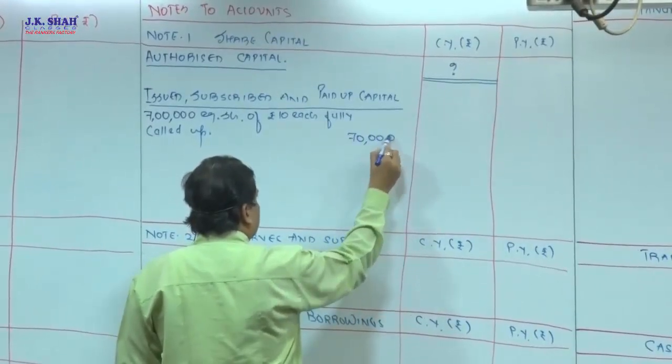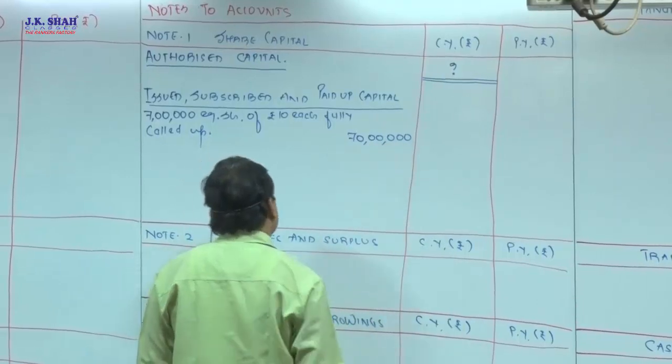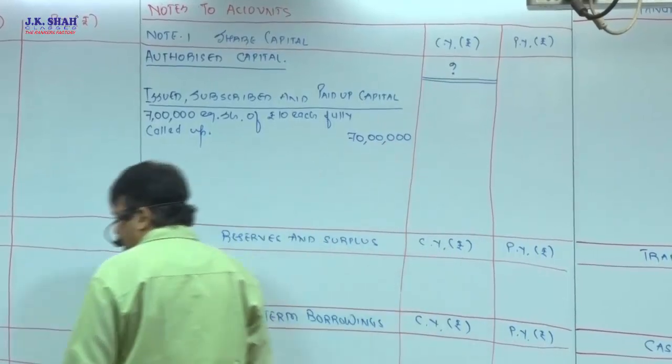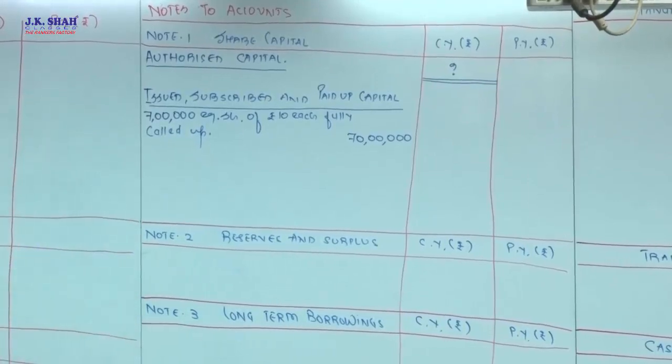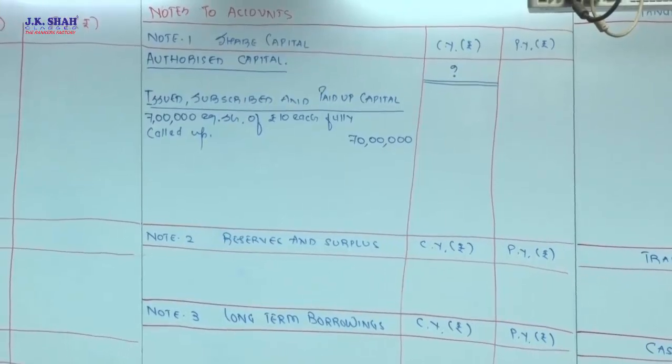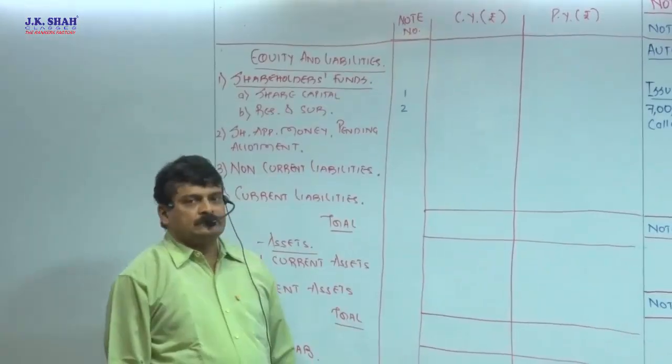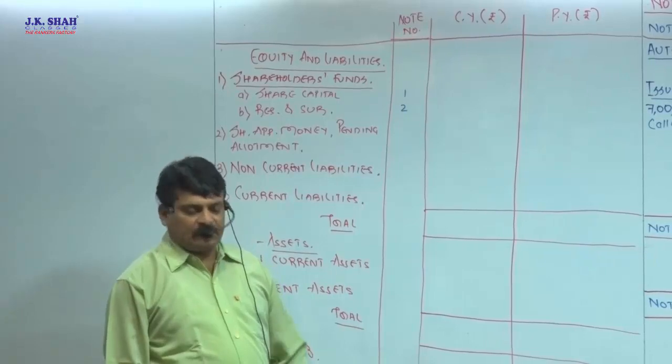In inner column 70 lakhs. Why inner column? Because I have to subtract calls in arrears from the share capital. Everyone, continue.